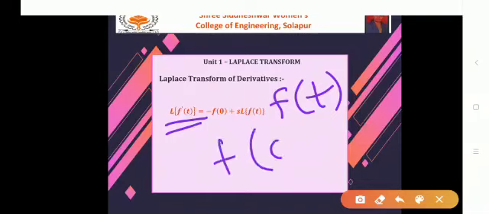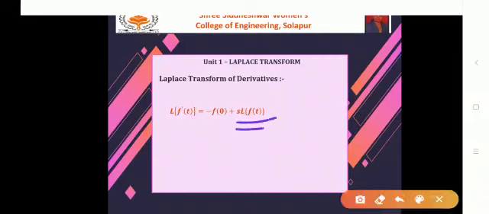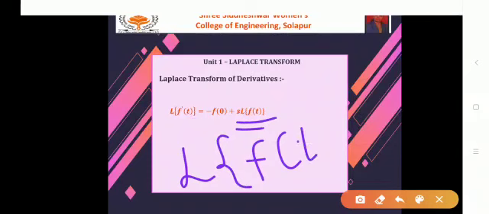First you have to find its value at t equal to 0, and this value is nothing but minus f of 0. And then for the second term of this result, you should find the Laplace transform of the original function and multiply it by s. So in this way you will get the result for the Laplace transform of the first order derivative, that is f dash of t.